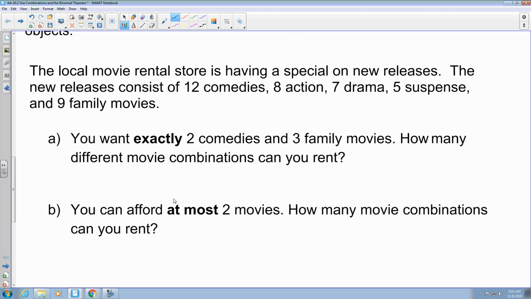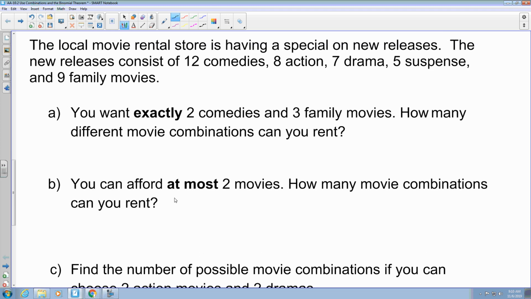So here it says that a local movie rental store is having a special on new releases. The new releases consist of 12 comedies, 8 action, 5 suspense, and 9 family movies. It says you want exactly 2 comedies and 3 family movies. How many different movie combinations can you rent?